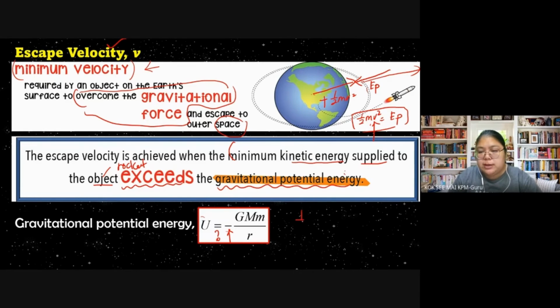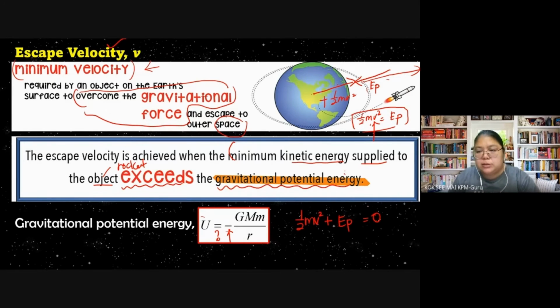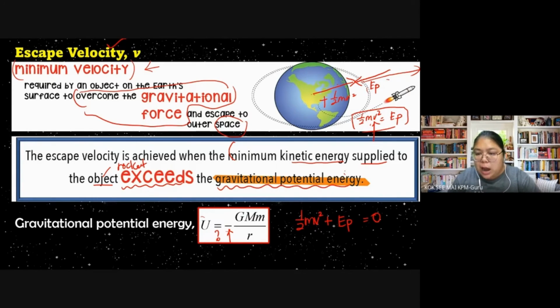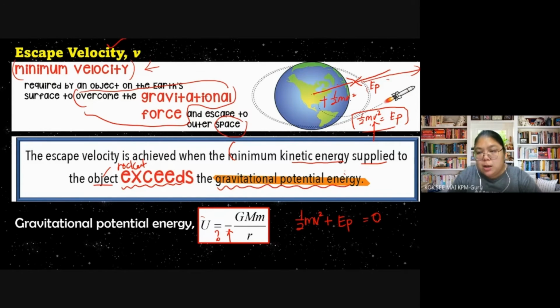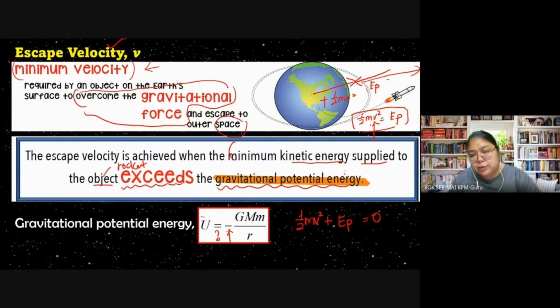Suppose the formula is half mv squared plus potential energy equals 0, because both magnitudes are the same. You pull, I pull you back, so it equals 0. So how do you get more than 0? When your half mv squared is bigger than the EP, that means you go beyond 0, then you can go up.